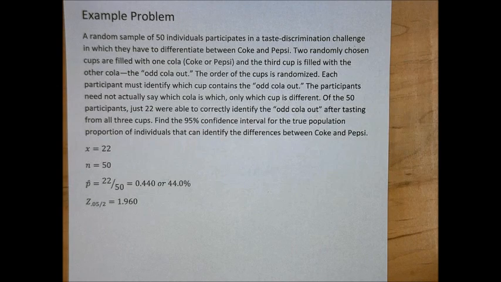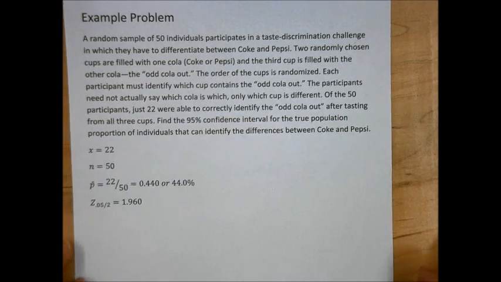Each participant must identify which cup contains the odd cola out. The participants need not actually say which cola is which, only which cup is different. Of the 50 participants, just 22 were able to correctly identify the odd cola out after tasting from all 3 cups. Find the 95% confidence interval for the true population proportion of individuals that can identify the differences between Coke and Pepsi.